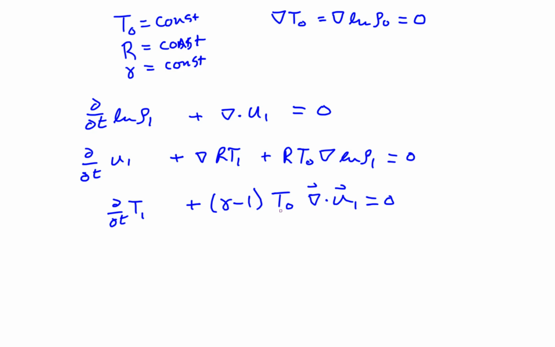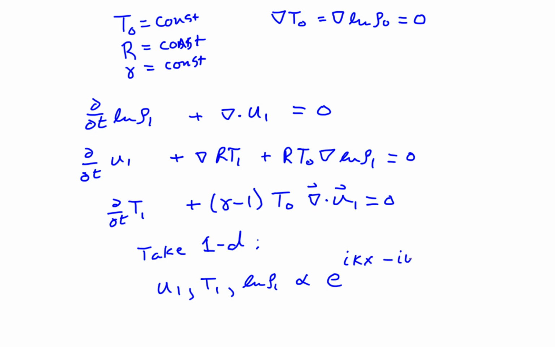Okay. Now, to make progress, we're going to take 1D waves, and we're going to assume a Fourier decomposition. We're going to say that u1, T1, and log rho 1 all scale like e to the i k x minus i omega t.